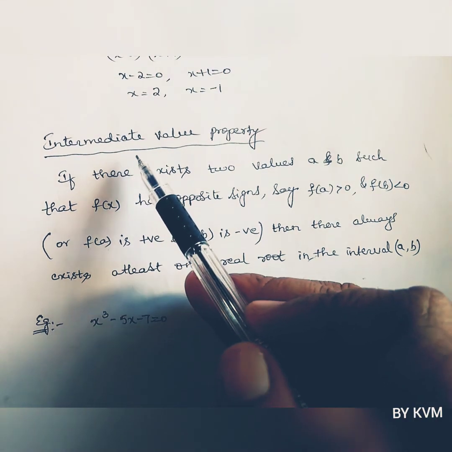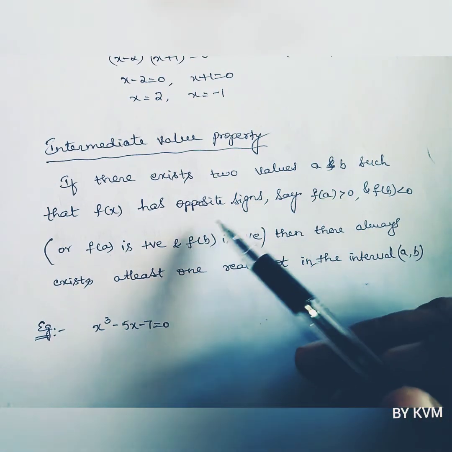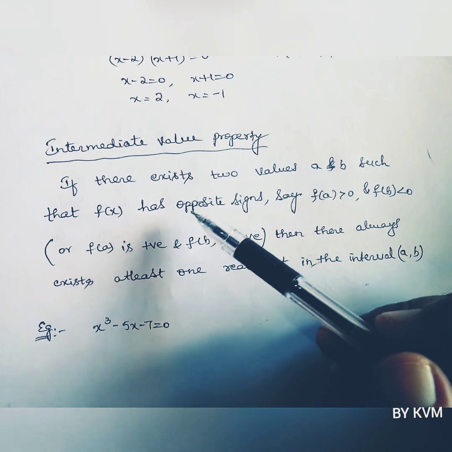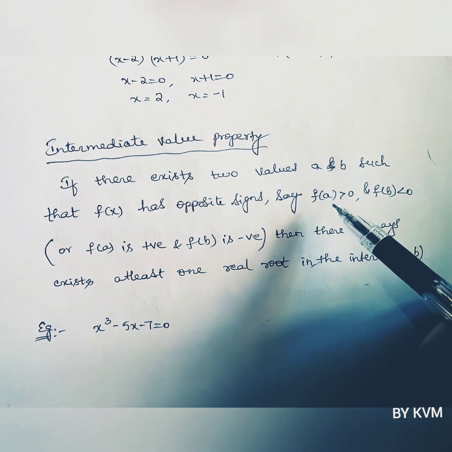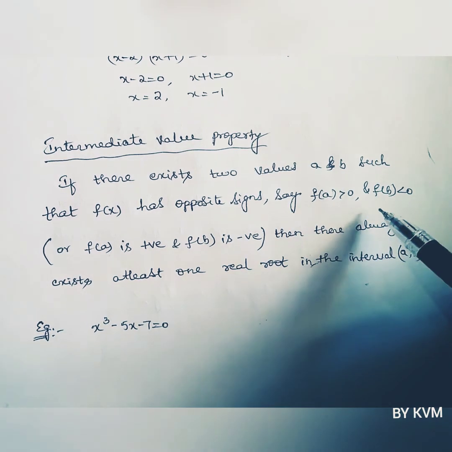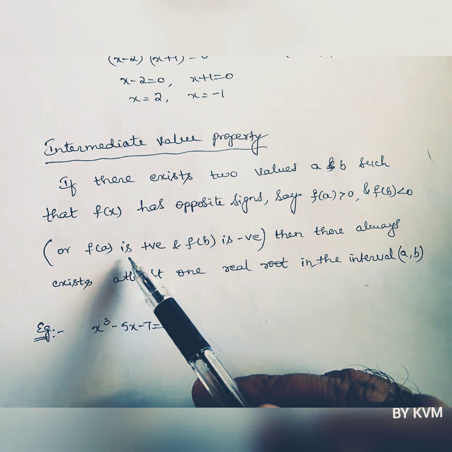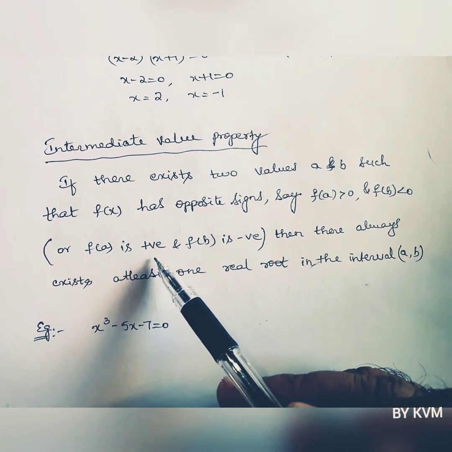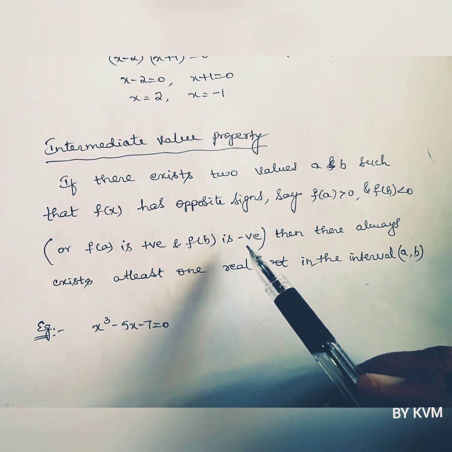Now let us see what is meant by intermediate value property. If there exist two values a and b such that f of x has opposite signs, say f of a greater than 0 and f of b less than 0. That means f of a is positive and f of b is negative.